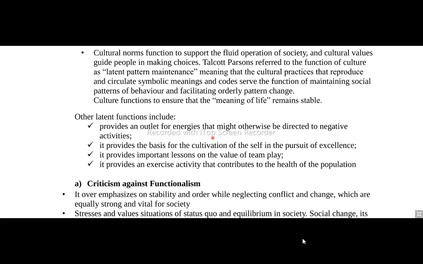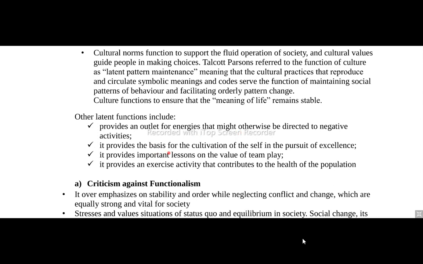If you are in sports, that is a place where you can get an outlet for energies that might otherwise be directed to negative activities. Negative activities are those activities that may not give you any value in your life, like being involved in violence, being involved in negative things like sexual activities when you are free, instead of using your time to be productive and the like.